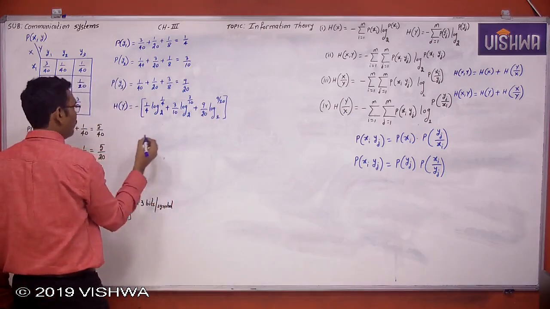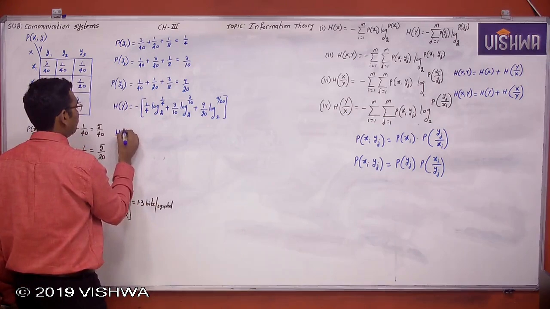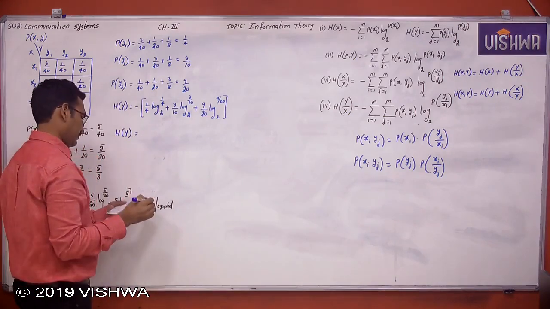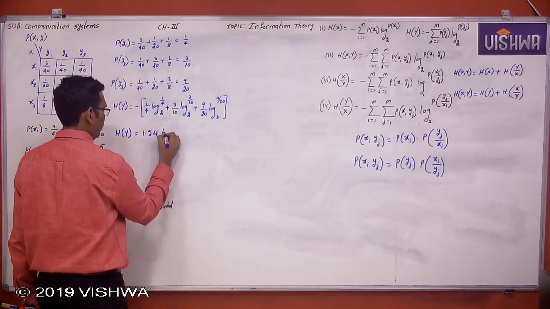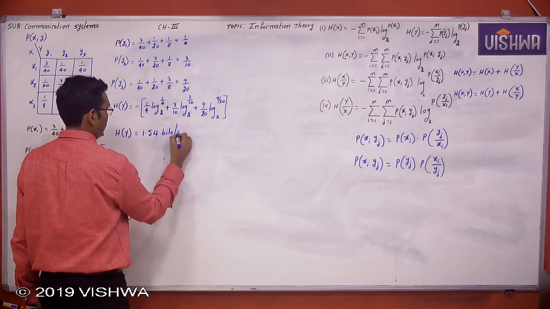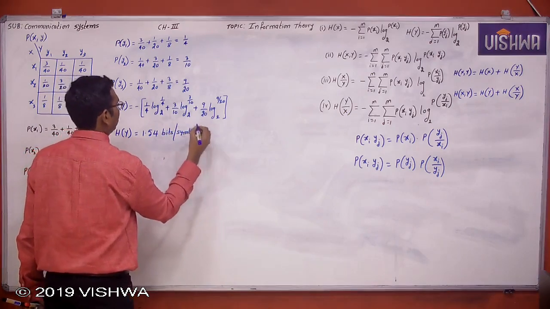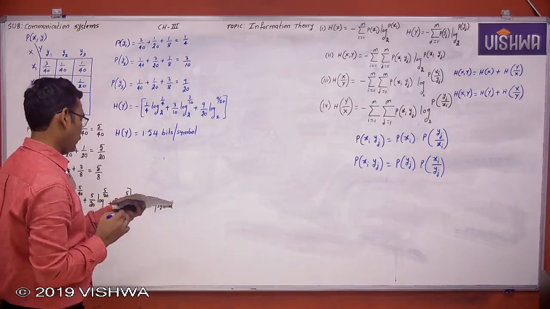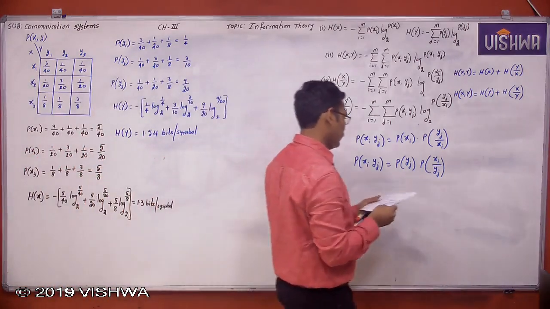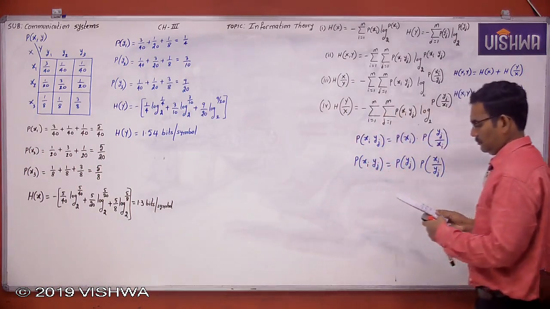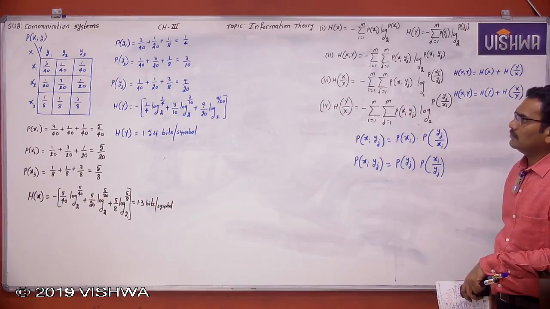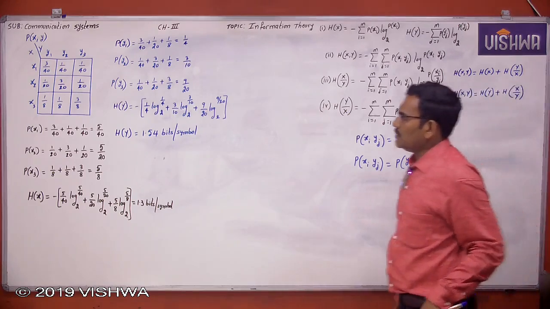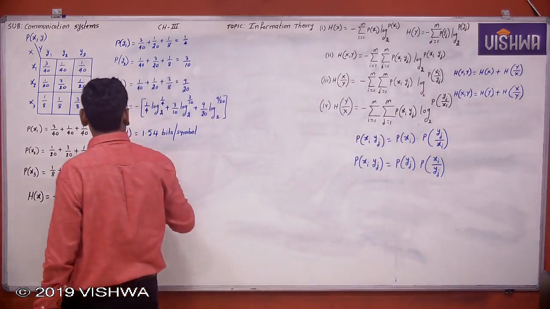Now this is h of y, which is equal to 1.54 bits per symbol. Now this is the entropy of a source x, entropy of a source y.